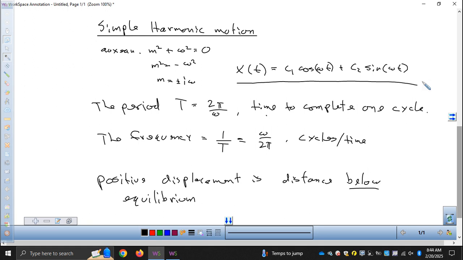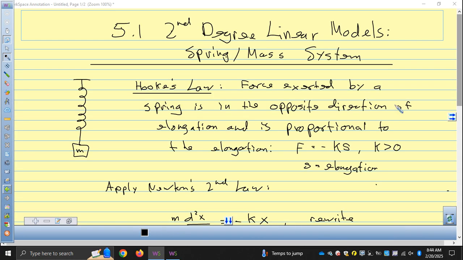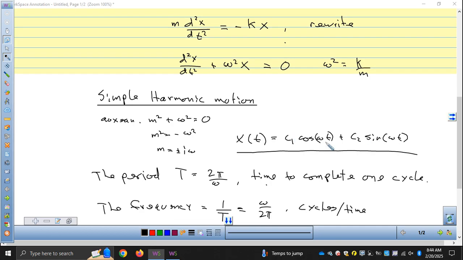Now, because our solution has a sine and a cosine, if we want to know the amplitude of the oscillation, it's not immediately apparent from here. You can rewrite this equation, and they do this in the book. They talk about something called phase angle, which I think is a little beyond what we need to talk about.